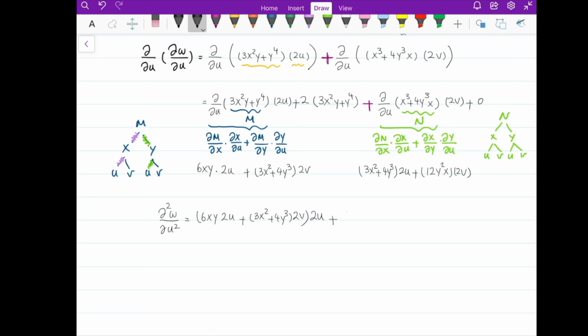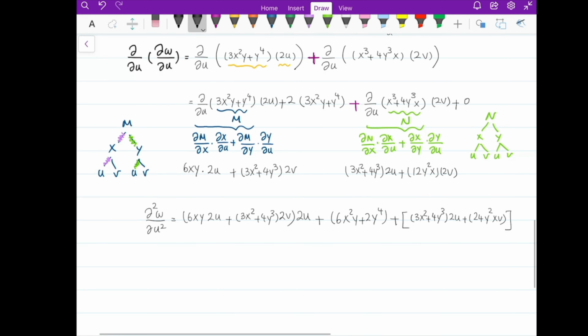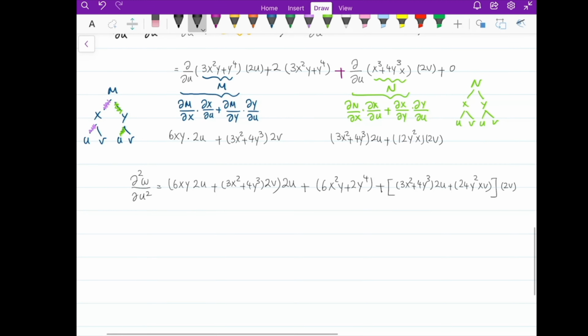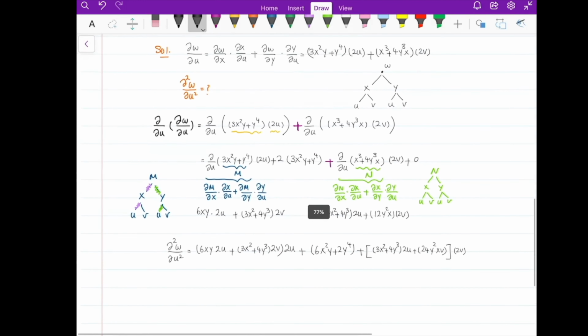Then this part, which is just 6x squared y plus 2y fourth. Then plus, I have this term in here, which is 3x squared plus 4y cubed times 2u plus 24 y squared xv. That term in here times everything together times 2v. Okay, this is the second partial derivative.